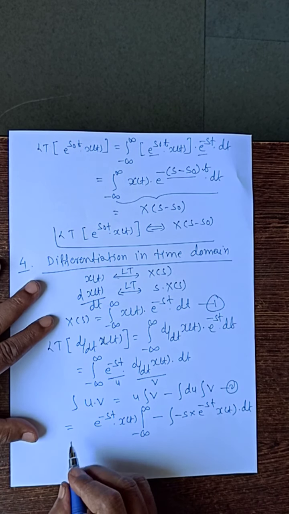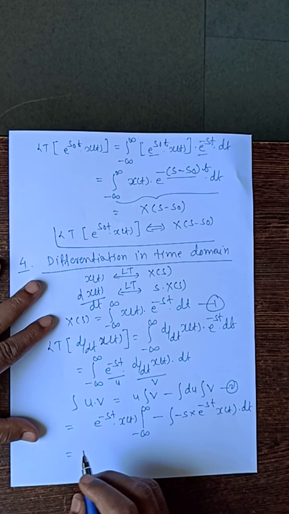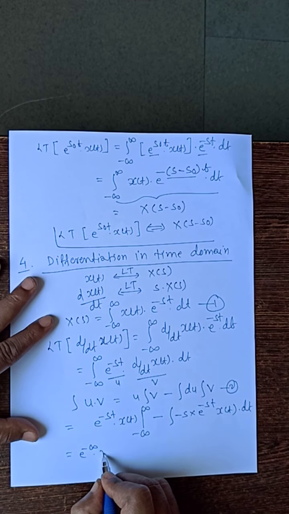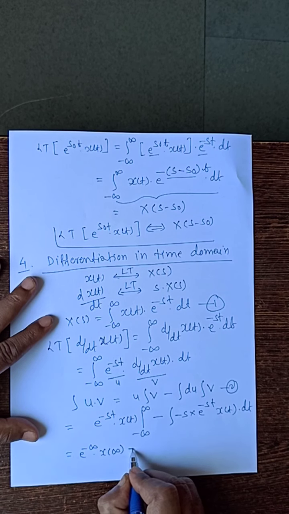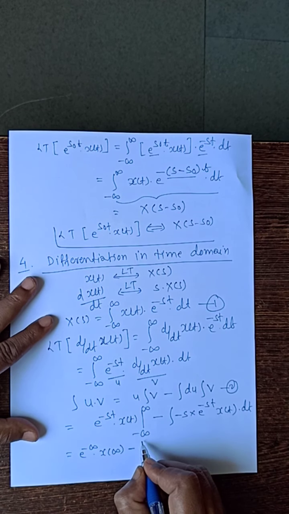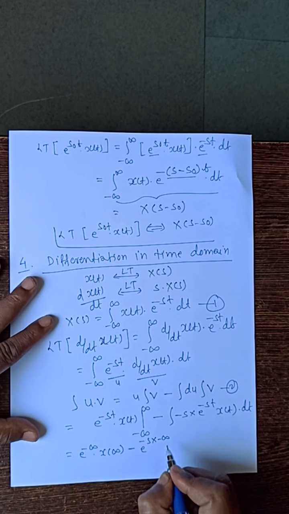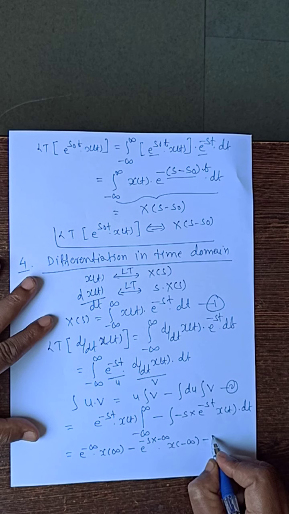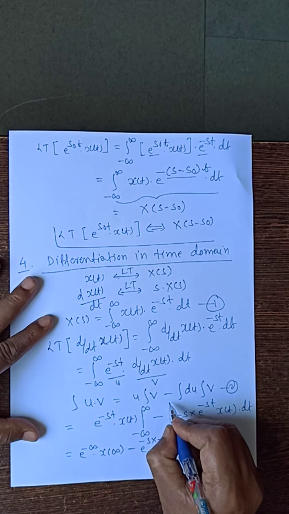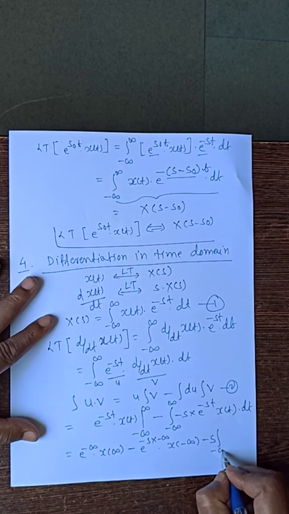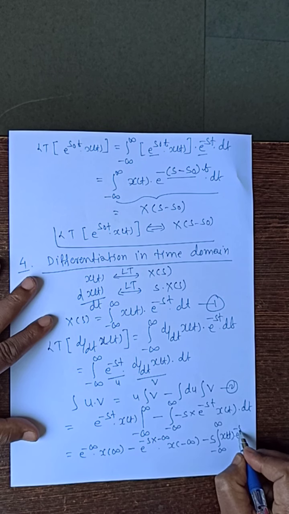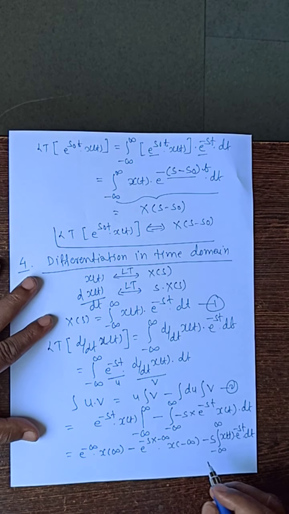Now just see here, if you put the upper limit first, e raised to minus infinity into x of infinity, minus sign, put the lower limit, e raised to minus s into minus infinity into x of minus infinity. So minus, I will take s outside, integral from minus infinity to plus infinity. What is remaining? x of t e raised to minus st into dt.